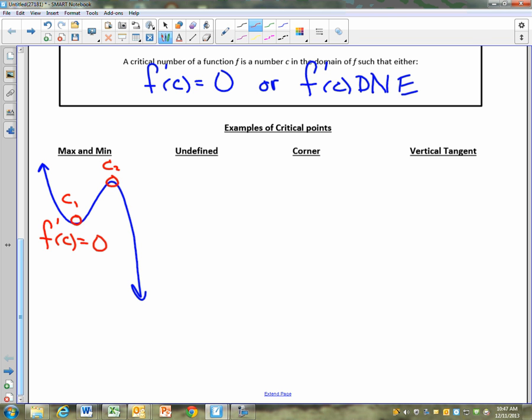Can you give me an example of a function that's undefined somewhere? A vertical line, a circle. How about a function that looks like this? y equals 1 over x. Do you remember what that graph looks like?